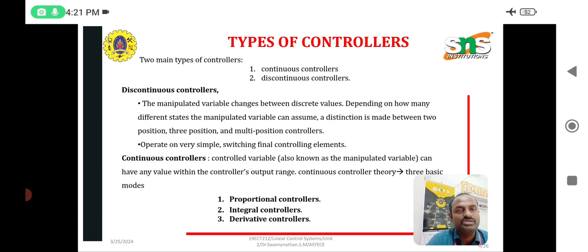In continuous controllers, the controlled variable, that is the manipulated variable, can have multiple values within the controller's output range. In continuous controller theory, there are three important basic modes: one is the proportional controller, another is the integral controller, and the third is the derivative controller.